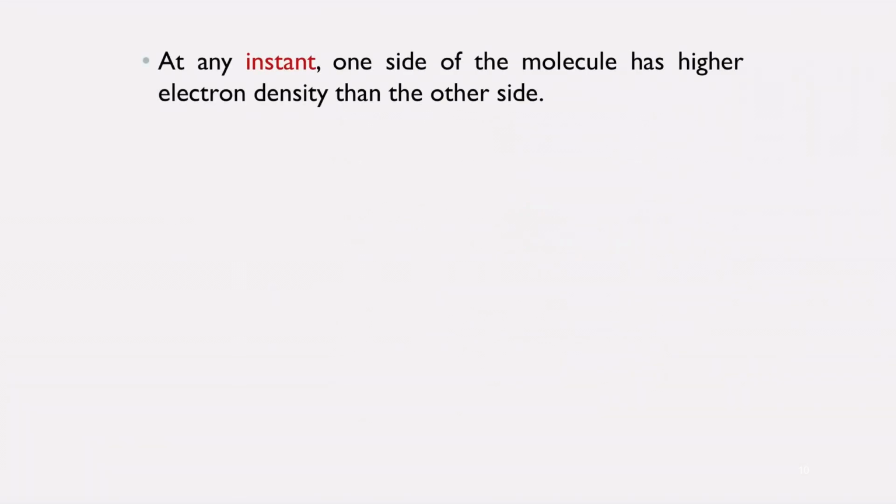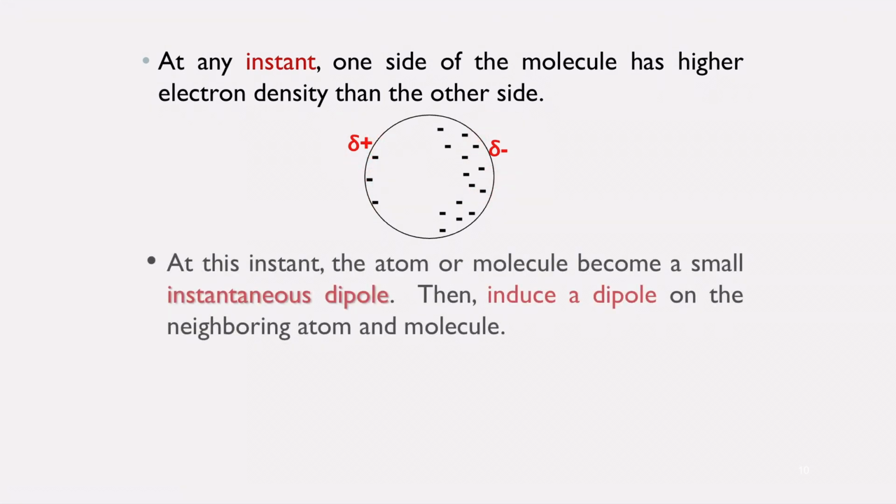Suddenly, at any instant, okay, one side of the molecule has higher electron density than the other side. Okay? Instantly, the electron density distribution is unequal. So you have partial positive and partial negative in your molecule.